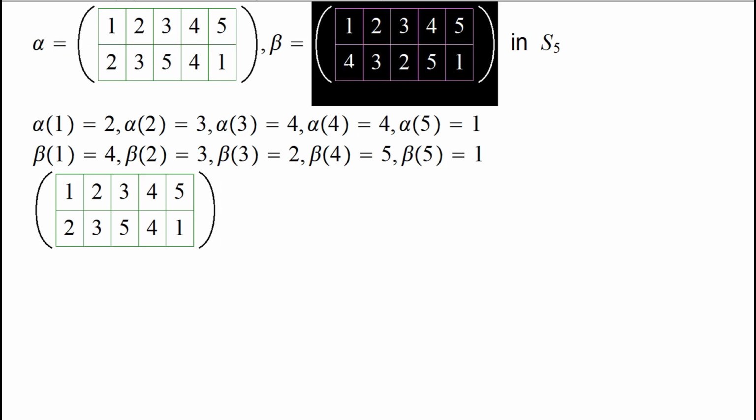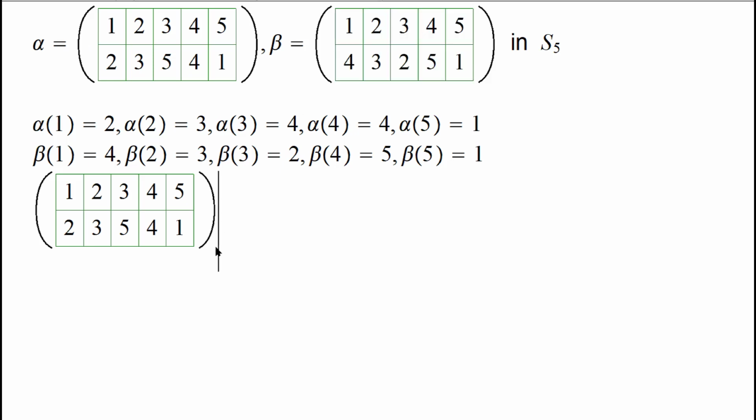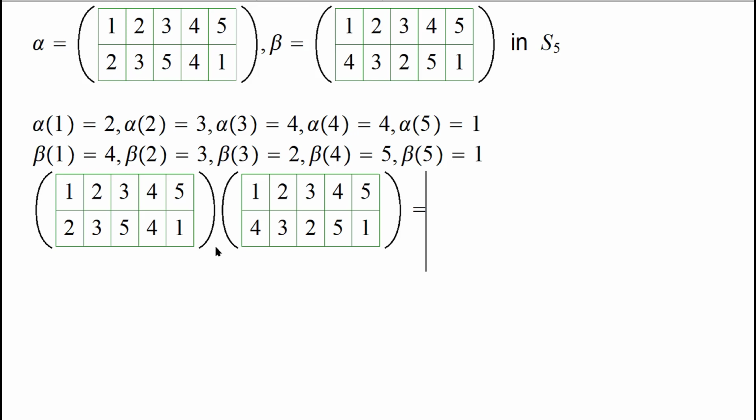That means we have alpha times beta, and if you remember, this is the composition of maps. So let's put the composition symbol in between. Where did the composition symbol go? Right here.